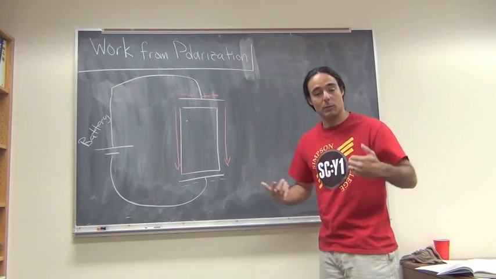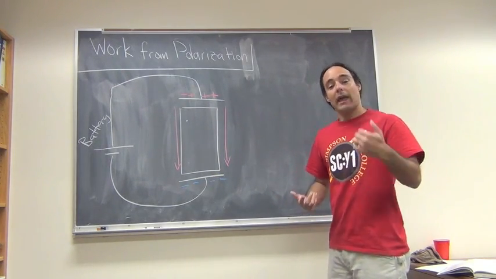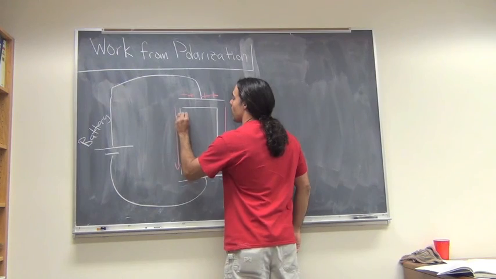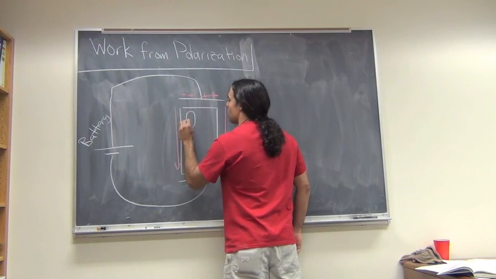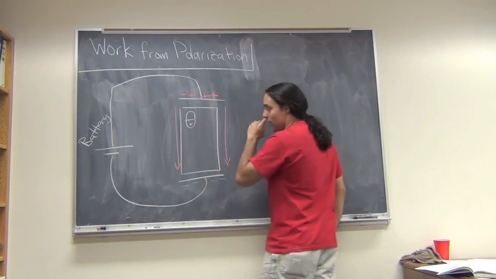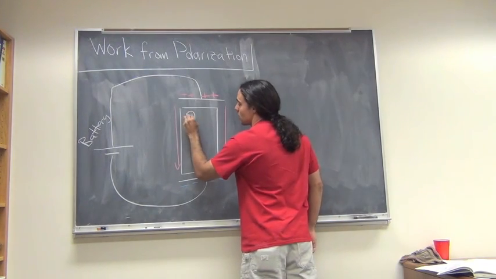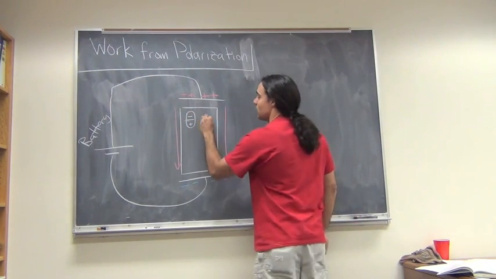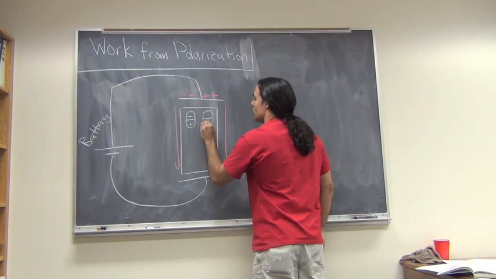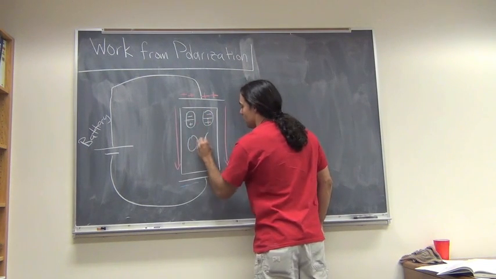They're just going to move in response to the electric field. And what that's going to do is polarize that atom or molecule so that we have a positively charged end and a negatively charged end. Same thing for this atom over here. Same thing for these atoms.